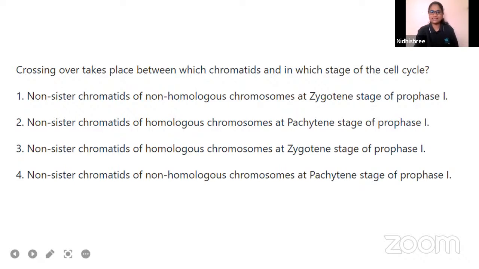Yes, what is your answer, guys? Parvati option C, Virat option B, okay. Jyoti option B, Aishwarya Pagad option D, Gurusid option B, Two Hearts One Soul option B, Kanchana Raj option B, Meena option B, okay. Fine, let us check the answer. The right answer is option B, that is non-sister chromatids of homologous chromosomes at pachitin stage of prophase 1.